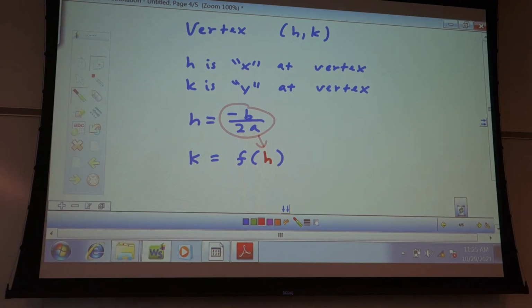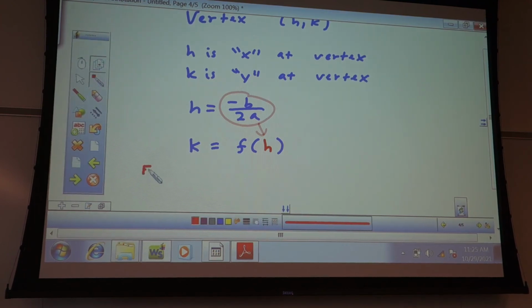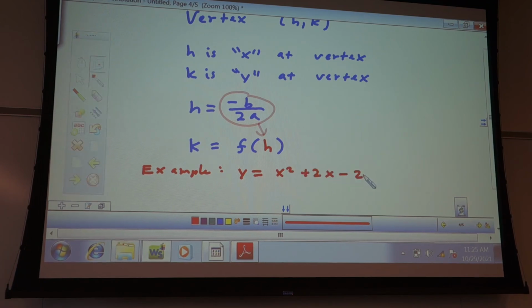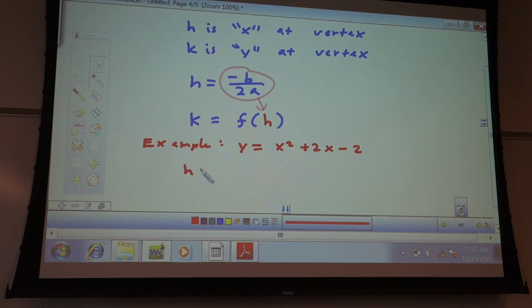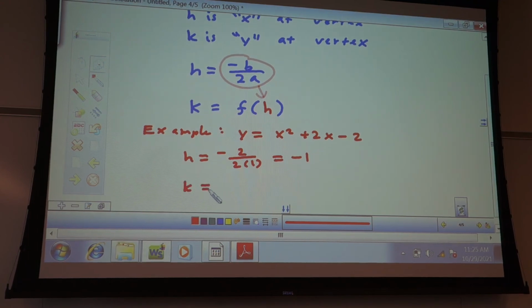So our example last time was y equals x squared plus 2x minus 2. That was the one we just finished doing, right? So then our H was equal to negative b over 2 times a, negative 1. And then we found that our K was equal to giant parentheses squared plus 2 giant parentheses minus 2.